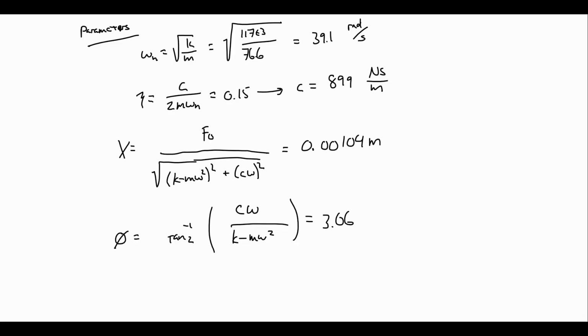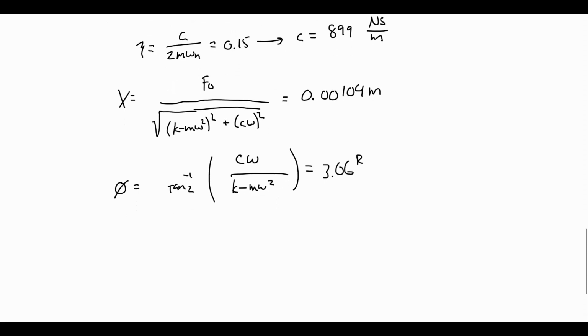So when we put this all together, the steady state deflection v at the end of the cantilever, accounting for the mass of the beam itself, the distributed mass of that beam, is going to be 0.00104 times cosine of 157 t minus 3.06 radians, and this is going to be measured in meters.